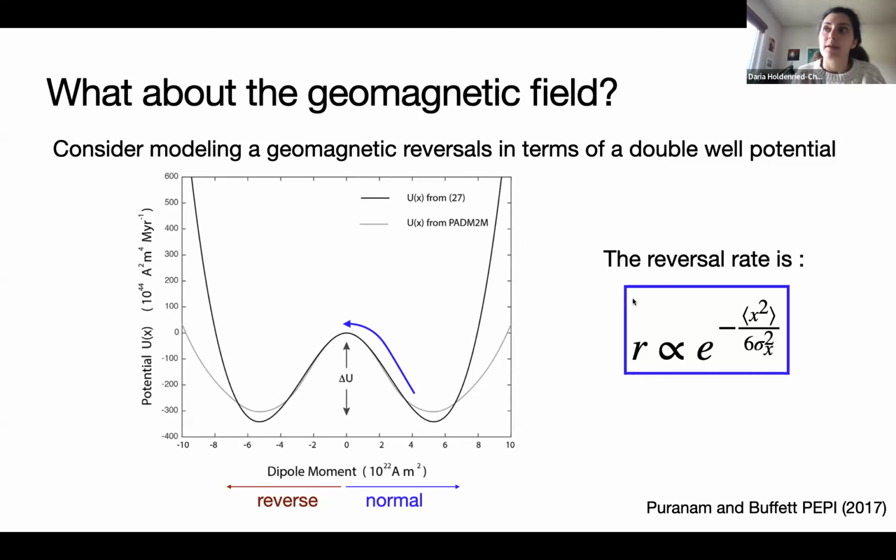And what they found was that the reversal rate took this form, where x is essentially the dipole moment. So it depends on the average of the dipole moment squared and on the variability of the dipole moment. So clearly, if we were able, through finding an equation for the magnetic moment, to find these two quantities for the dipole moment, we would immediately have a connection to reversal rates, at least within this double well potential model.